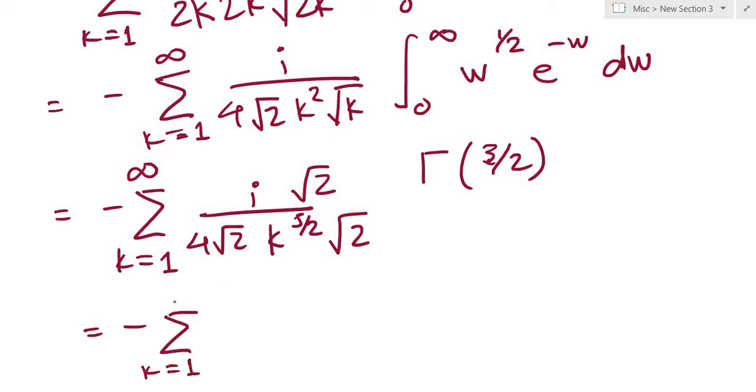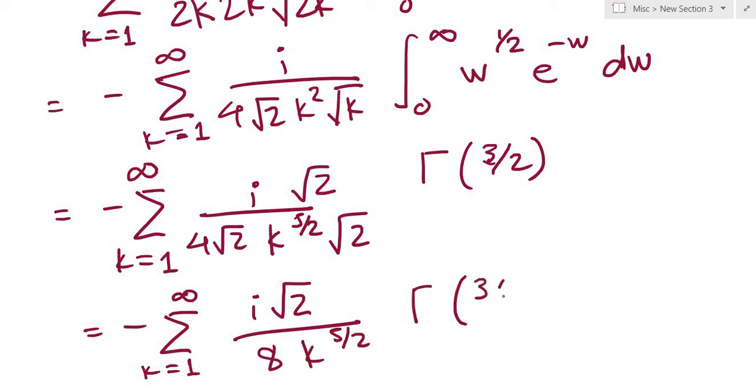We have sum from k equals 1 to infinity of i root 2 over 8 times k to the 5 by 2 power and the gamma of 3 by 2.